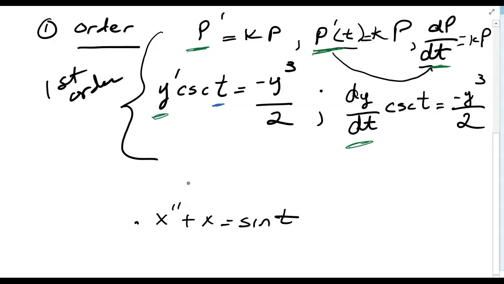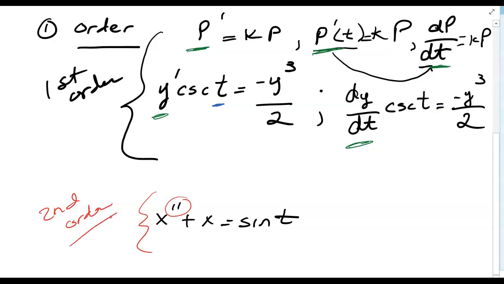This is clearly a second order differential equation because you have a second derivative in the problem. Another way to look at this is when you solve a differential equation, you integrate, you get a constant, which we're going to see in a moment. If you end up with two constants, that means your original was a second order differential equation.